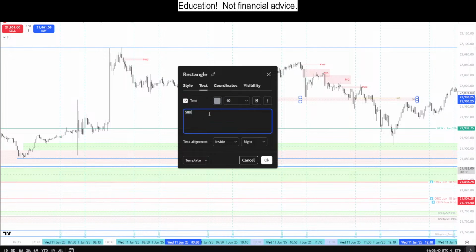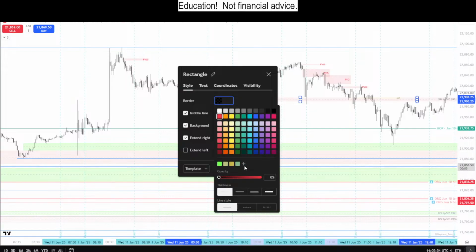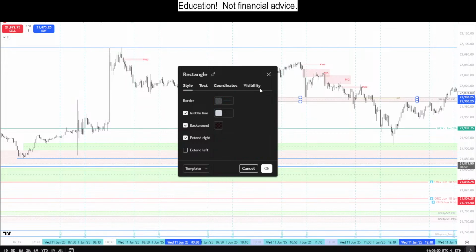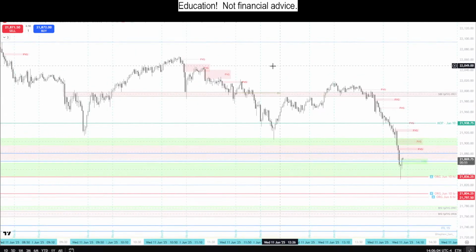We're going to call it SIBI first presented fair value gap, 9:31. Extend to the right, and for the first presented fair value gap, I like to make the border a little bit more distinct from other fair value gaps, just so that it stands out.